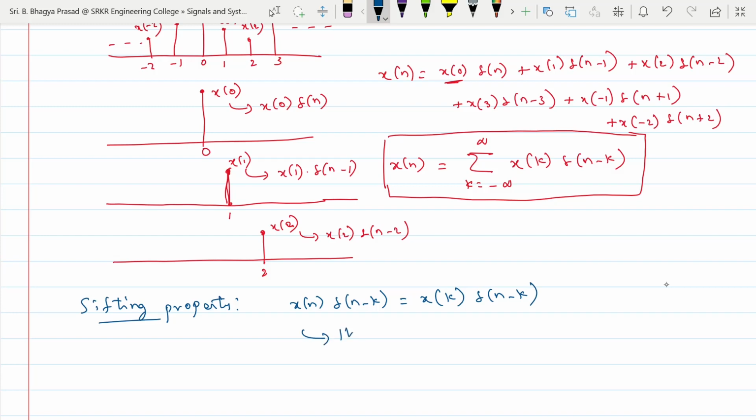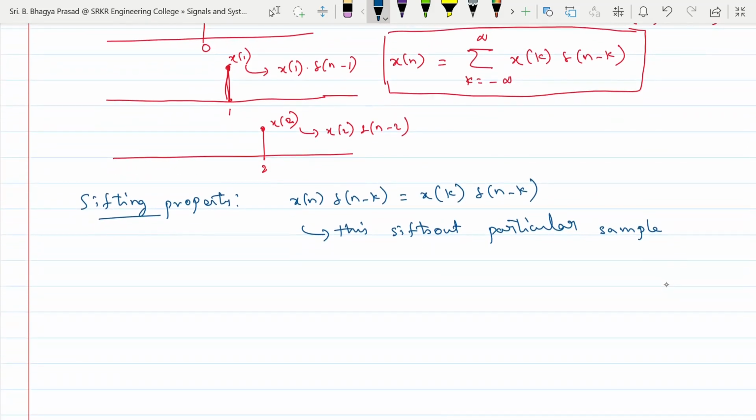This shifts out a particular sample or a particular value. So x of n can be represented with the help of impulses by its scaled and delayed versions. Why are we writing a particular value or particular sample like this, x naught as x naught del n?